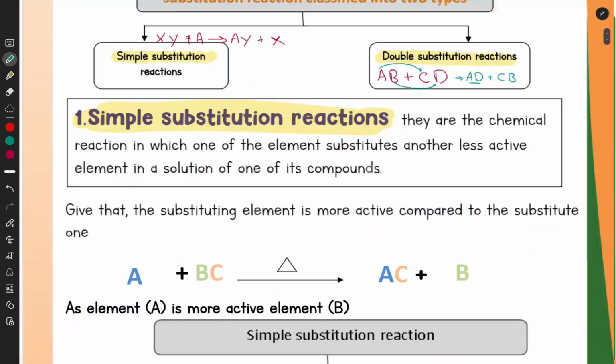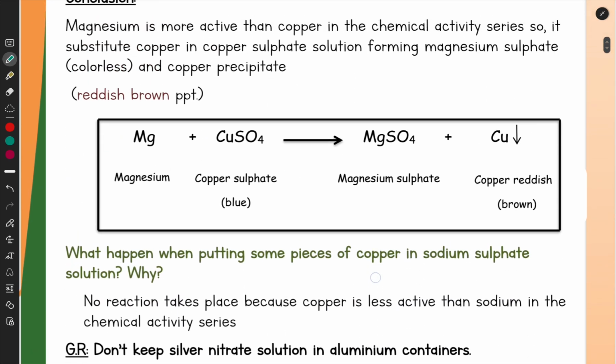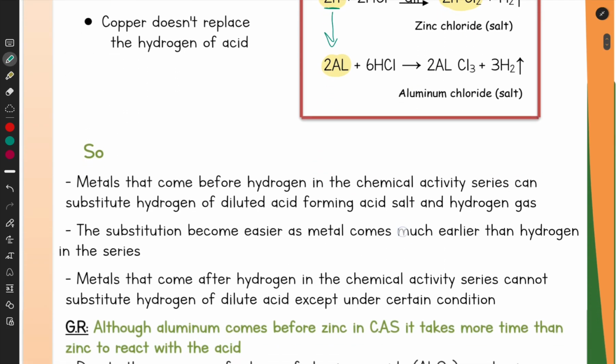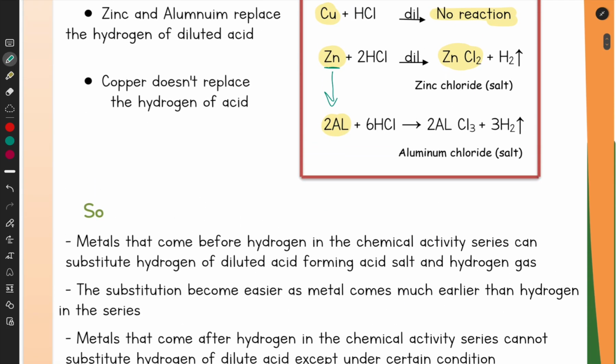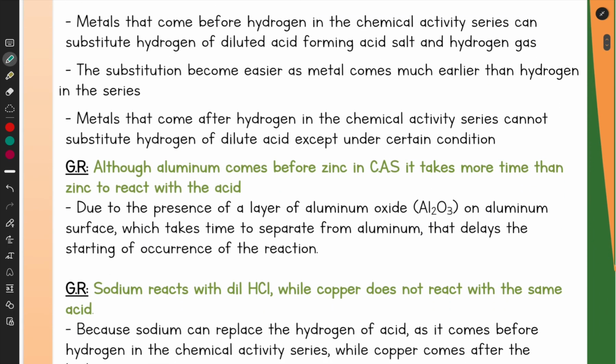Why? This is because the aluminum has a crust, a layer of aluminum oxide, Al2O3, on the aluminum surface, which takes time to separate from the aluminum.